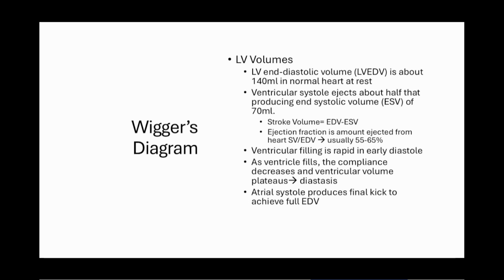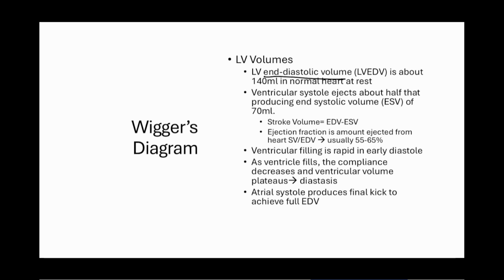Left ventricular volumes. So we have a couple of terms to start getting used to, get them in your head. One is left ventricular end diastolic volume. This is the amount of blood in the heart right before systole. So at the end of diastole, there's no more blood getting into the heart.